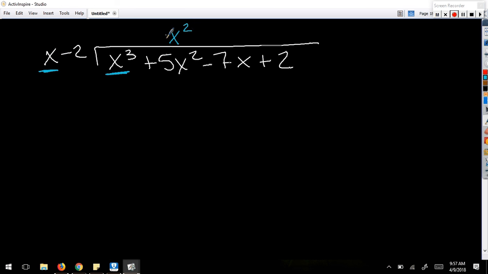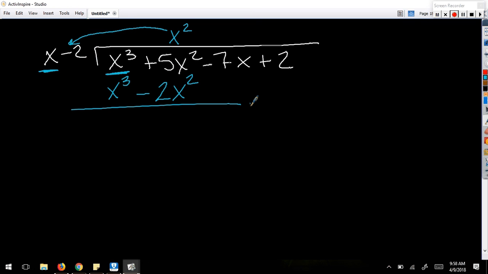Distribute. Multiply around, right? This one's a little bit shorter because there's only 2 terms outside. X squared times x is what? X to the 3rd. And x squared times negative 2, negative 2x squared. I'm subtracting this, right?